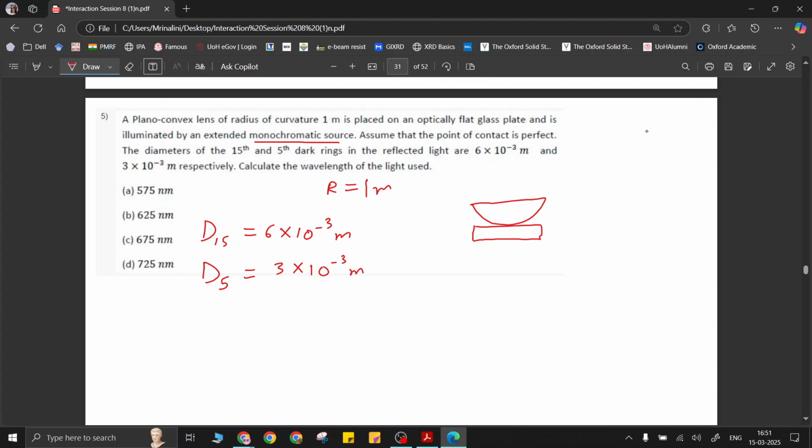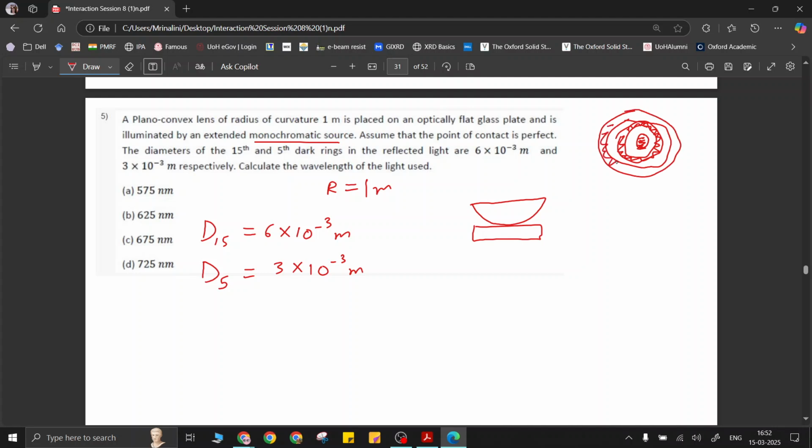So how we talk about diameter: at the center we'll see something like this. Either it will be dark or bright, usually it's dark, but it could change. Then we have something like this, dark or bright, of a particular width. Then again there will be another. I'm not able to draw these circles properly.